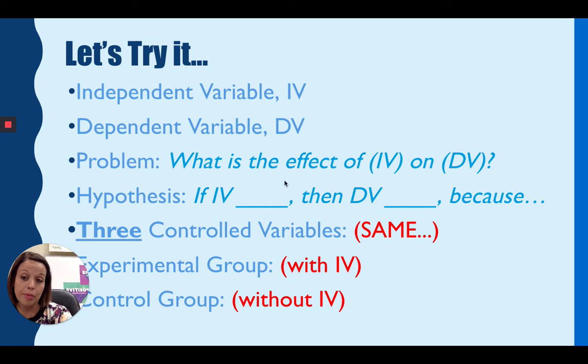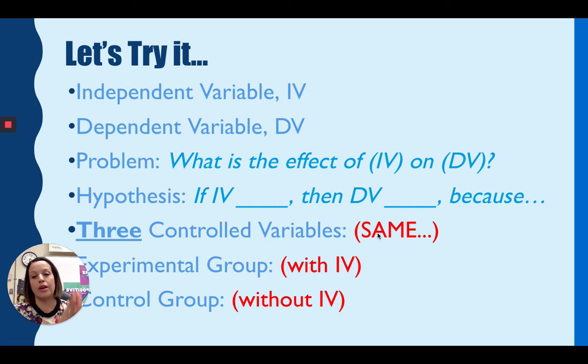My statement of problem is, what is the effect of drinking coffee on stunting your growth, or child's height? My hypothesis would be, if I drink a lot of coffee, then my height will be shorter because drinking coffee changes the chemical balance of my brain. Okay, that's my experiment. I'm going to try it.